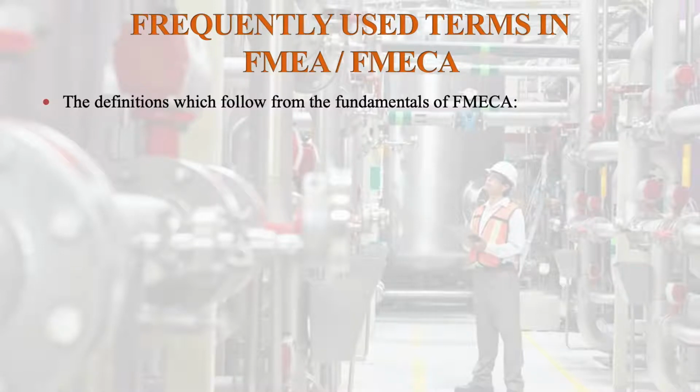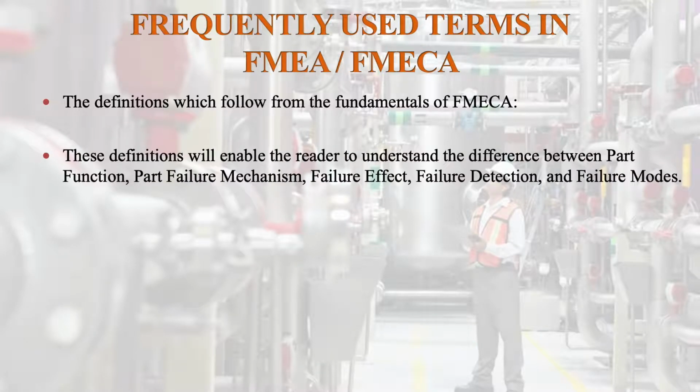Then frequently used terms in FMEA or FMECA. The definitions which follow from the fundamentals of FMECA will enable the reader to understand the difference between part function, part failure mechanism, failure effect, failure detection and failure modes.